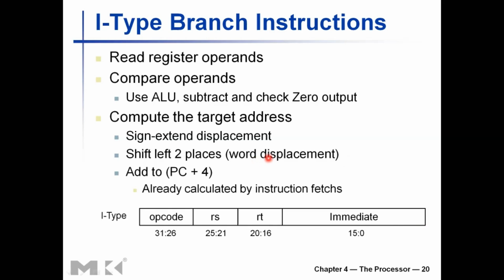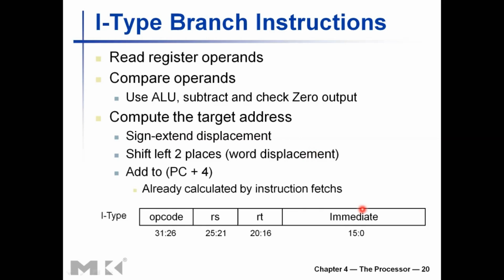So that is apply the word displacement and then do the sign extension, right? So you take the 16-bit immediate value, shift it to the left by 2 to add 2 zeros here, and fill the remaining 14 most significant bit positions with the sign bit to apply the sign extension.